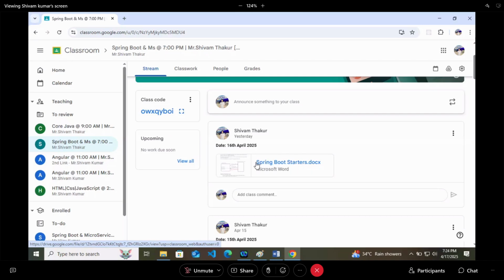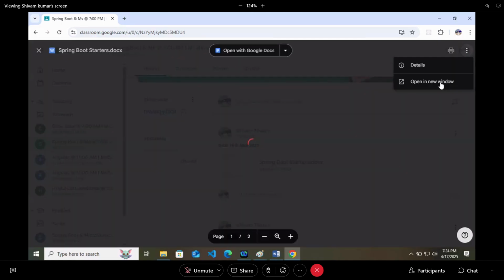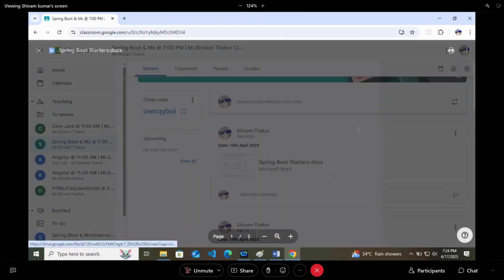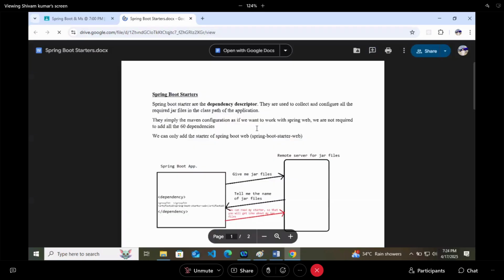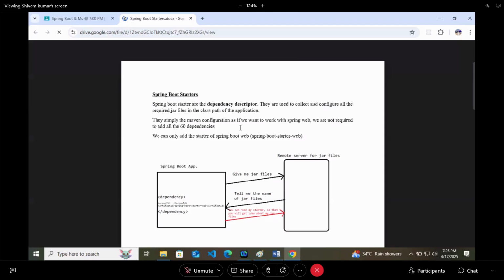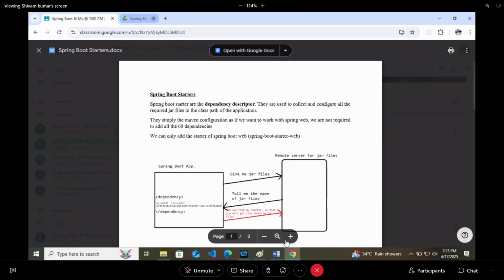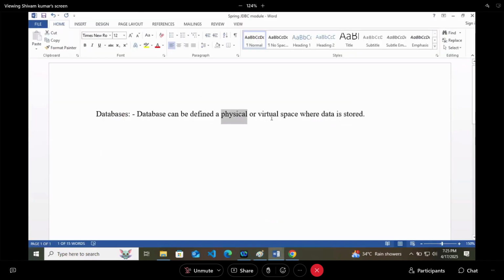It is stored on Google Drive. And Google Drive is virtual space. Virtual means that you can't see, can't touch, can't feel. So a database can be virtual or physical, both.